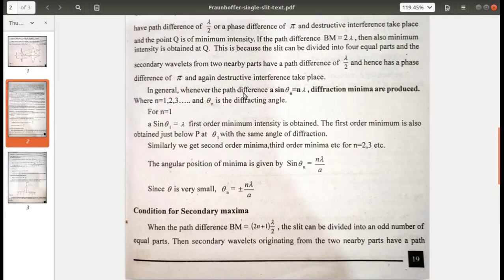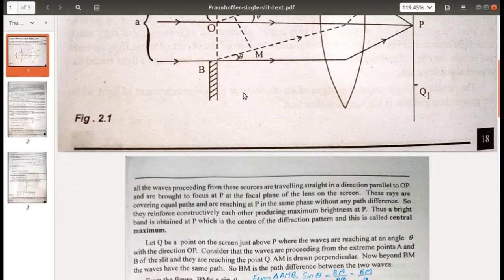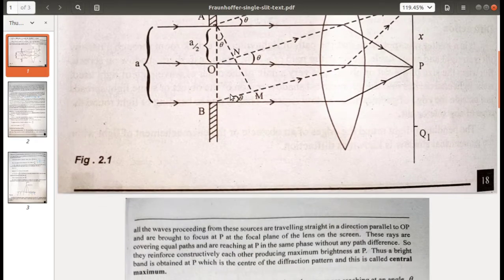So how is this achieved? The condition for secondary maxima is obtained by taking BM equal to 2n plus 1 lambda by 2. 2n plus 1 lambda by 2 means the path difference is an odd multiple of lambda by 2. In that case we can divide the slit into 3 equal parts, because then the path difference will be a multiple of lambda by 2.